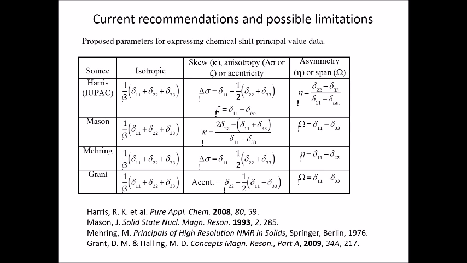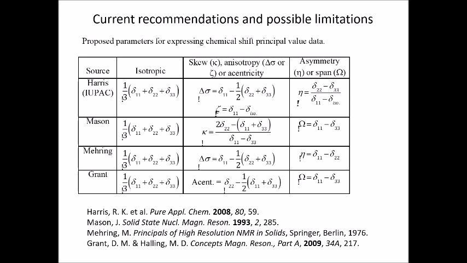Since this is recorded, you can pause and take a look at this if you need to. In the second row, Joan Mason also made some other recommendations in 1993. She suggests the isotropic again, but she has something in the middle column which she calls the skew. It's defined a different way. And then another one in the third column called the span. Those are different ways of reporting these numbers.